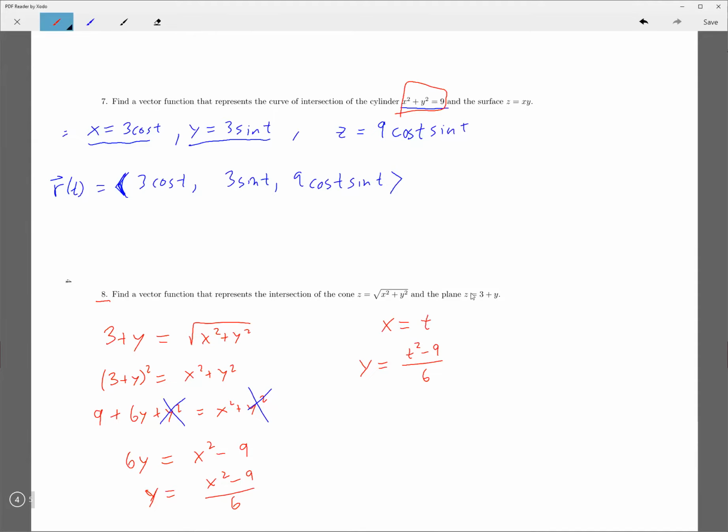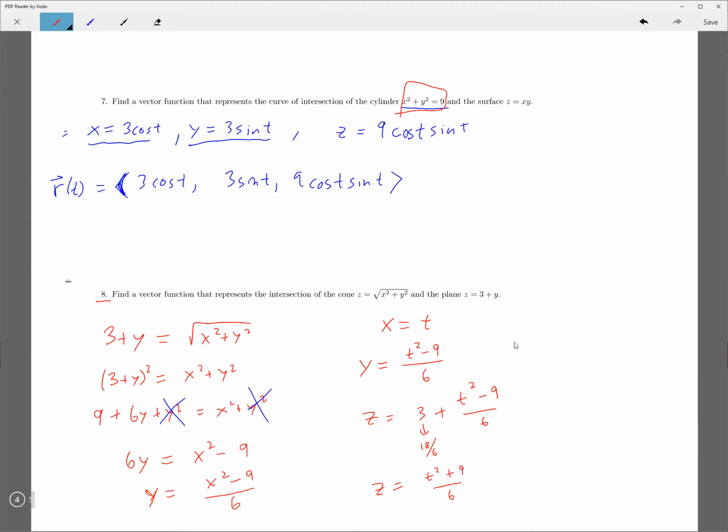And then we plug in the y right here. So then z is going to be 3 plus all this, t squared minus 9 over 6. But 3 is 18 over 6. So that means z is going to be t squared, okay, plus 18. So negative 9 plus 18, that's plus 9 over 6.